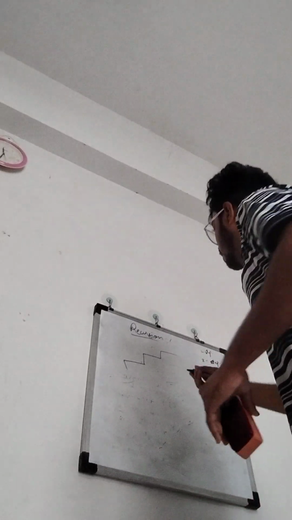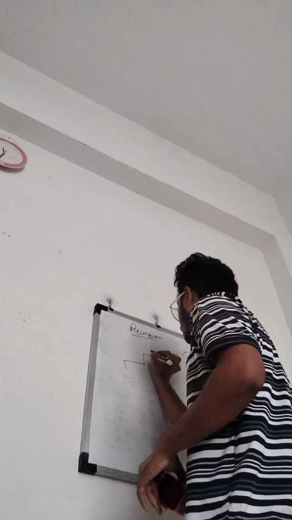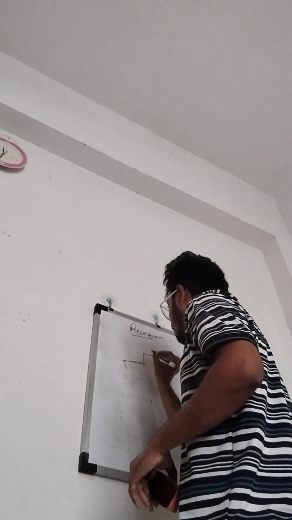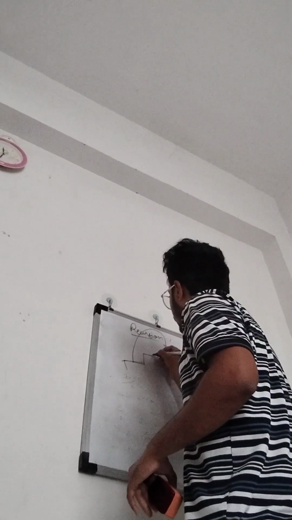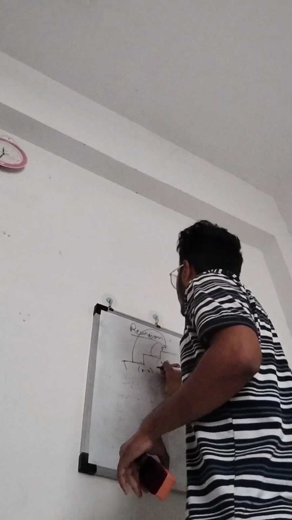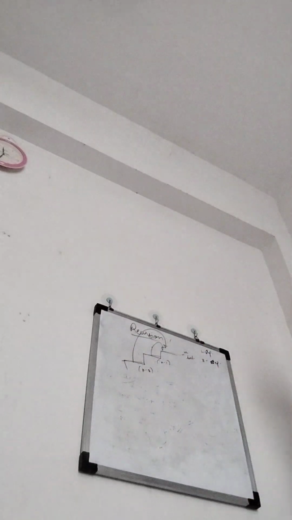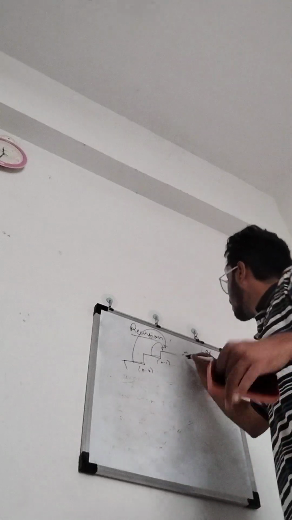Fine. Then suppose I am at the nth level. So I have options only from n minus 1 and n minus second level to jump to the nth level. These are the only two possibilities to arrive at nth level.